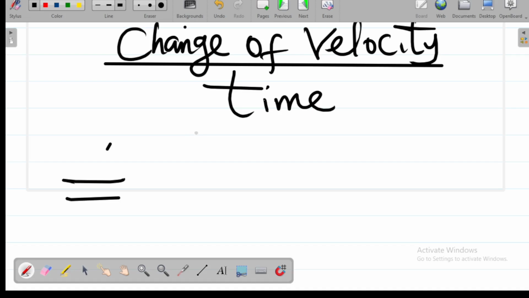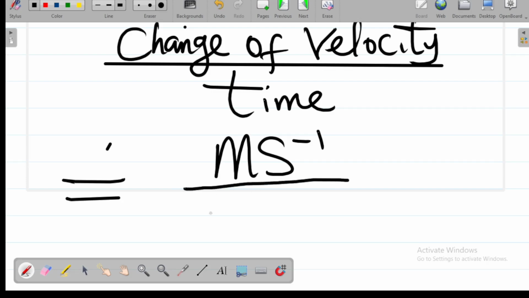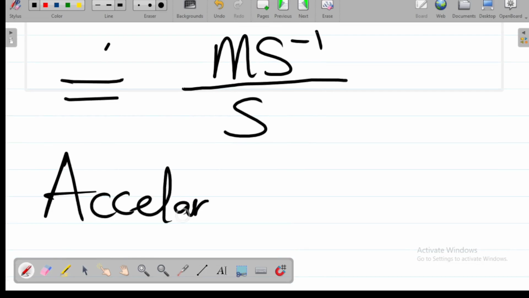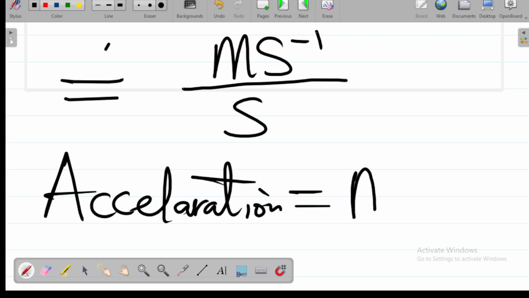Now remember that the derived unit for velocity is meter per second. So we have m s raised to power -1 all over time, which is measured in seconds, s. So therefore, acceleration is equal to meter per second squared. So this is the derived unit for acceleration, meter per second squared.